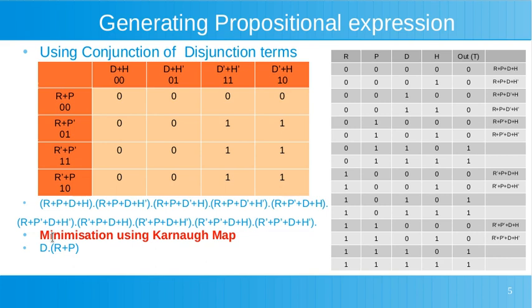So D will be the shorter form of this minimization. So D dot R plus P is the minimum expression for this total expression. So this is our minimization using Karnaugh map.